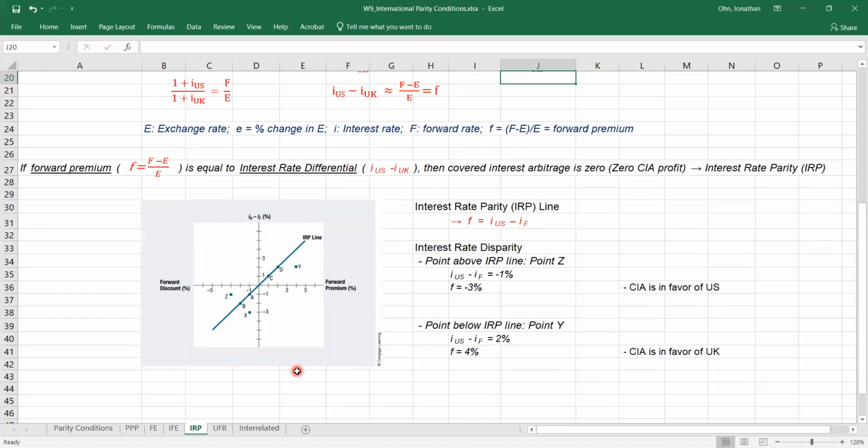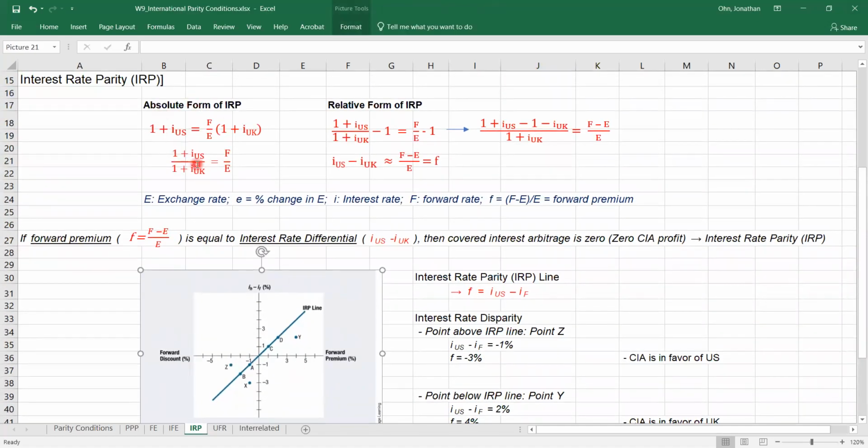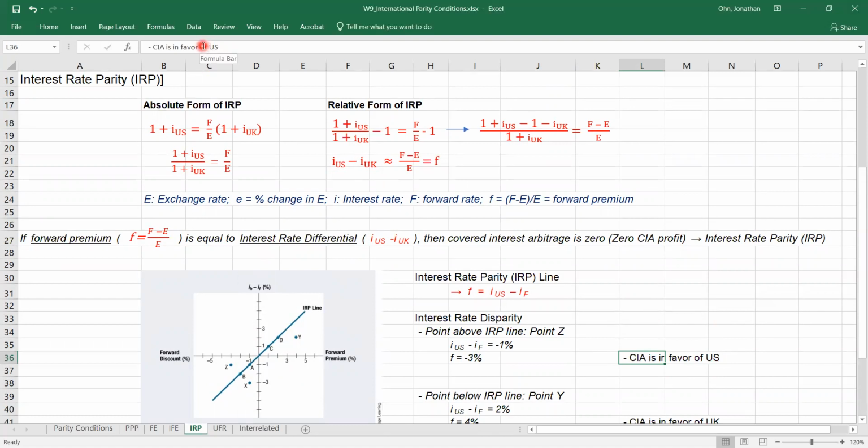In this case, since this portion is greater than this portion, the CIA is in favor of UK investors in the US.